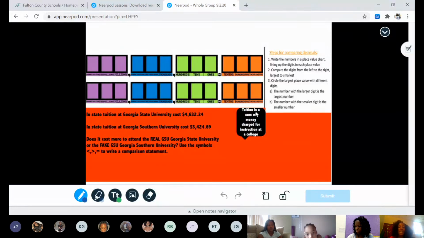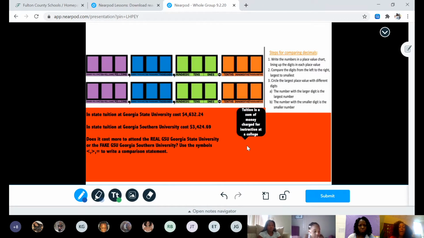Tuition is a sum of money charged for instruction at a college. Right now, I'm back at Georgia State University getting my master's degree, and I have to pay tuition. I'm paying for school. Later on we're going to talk about scholarships that can help you avoid paying for tuition and why it's good to have scholarships.